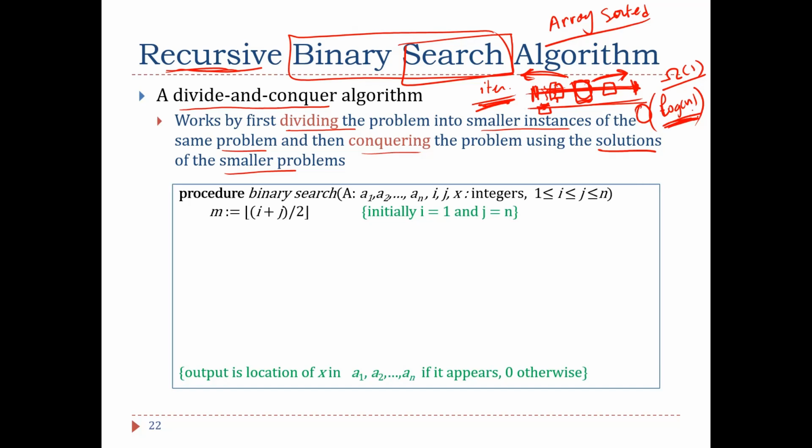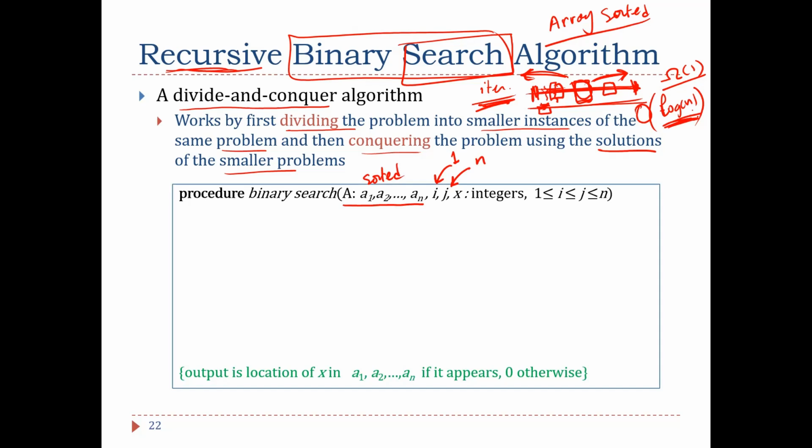The code works almost the same. Let's see the arguments first. We have a sorted array of n elements, a1 up to an. From the main, calling this function the first time, we should pass 1 instead of i and n instead of j.